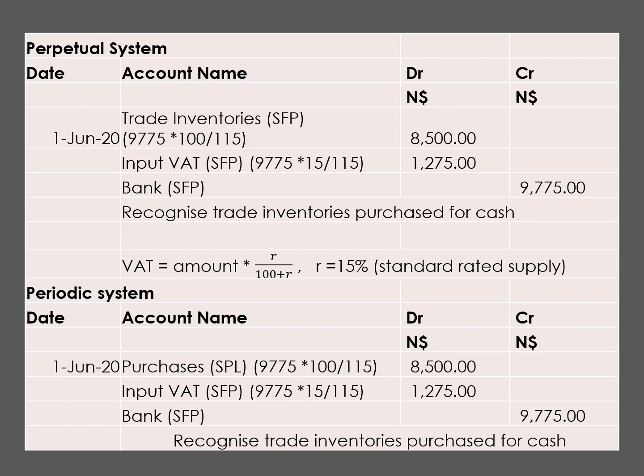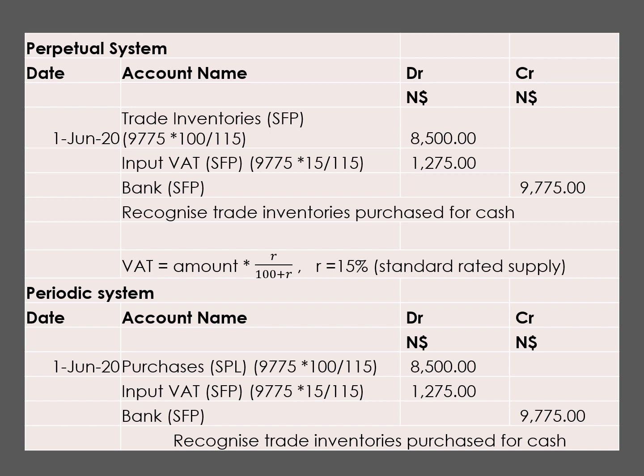To find the exclusive amount, you can deduct the VAT amount from the purchase price, or you can use the VAT fraction formula whereby the exclusive amount is equal to the purchase price times 100 divided by 115. In this instance, the VAT exclusive amount is 8,500.